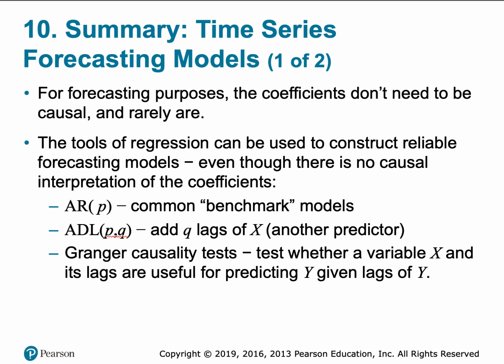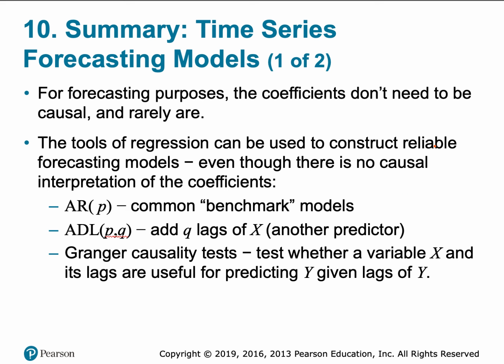So let's sum up time series forecasting models. For forecasting purposes, the coefficients do not need to be causal, and rarely are the coefficients interpreted as a causal relationship. The tools of regression can be used to construct reliable forecasting models, even though there is no causal interpretation of the coefficients.